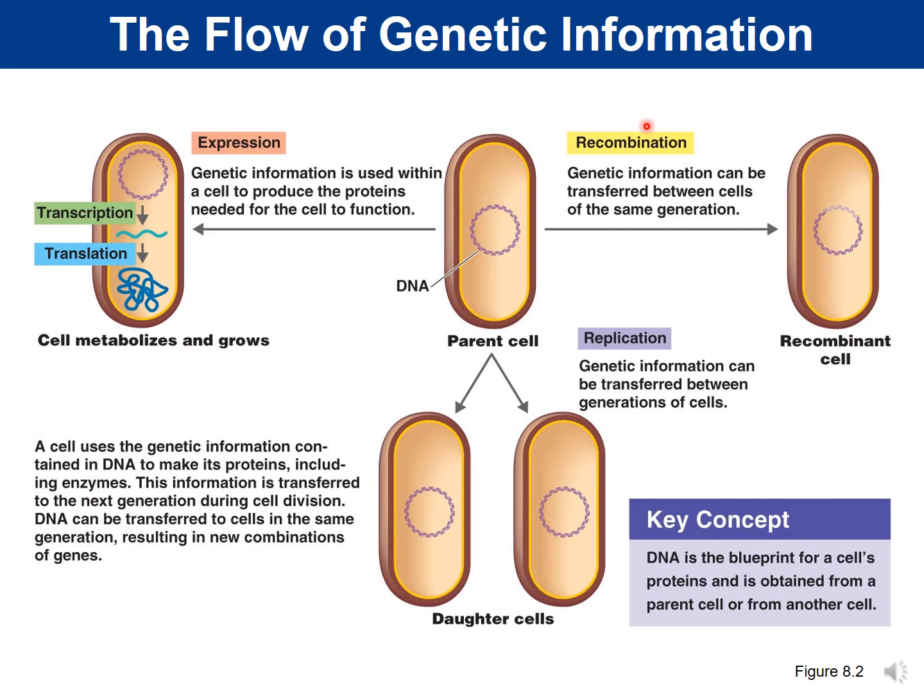And then the last part is going to focus on what's called recombination. And that's going to be our horizontal gene transfer. And so that's going to be a transfer of genetic information between two cells of the same generation. So for example, we'll look at a type of recombination that we've already talked about, which is conjugation, right?